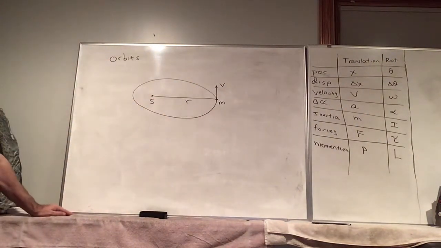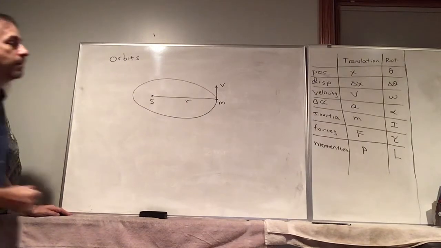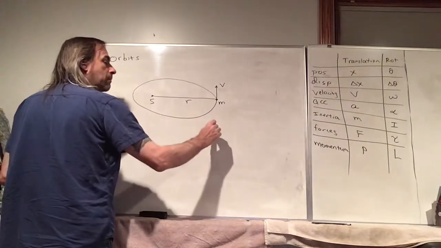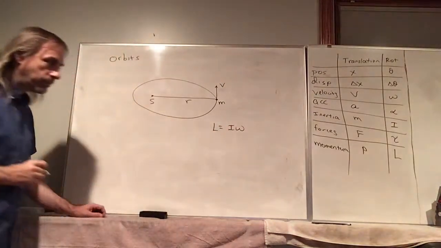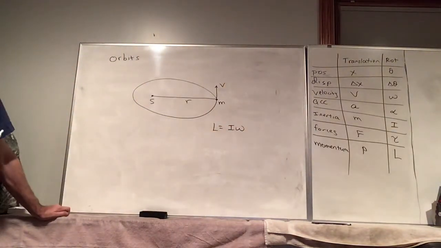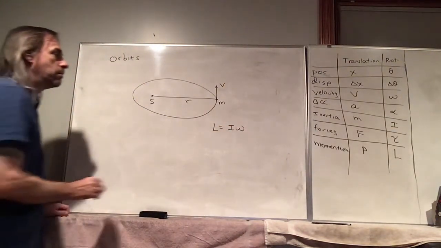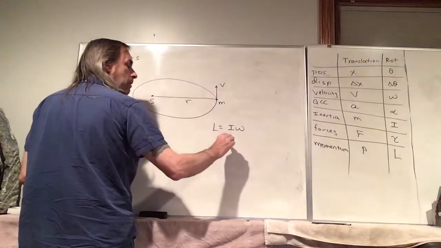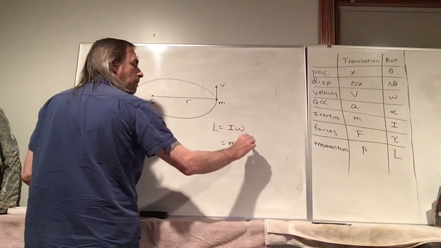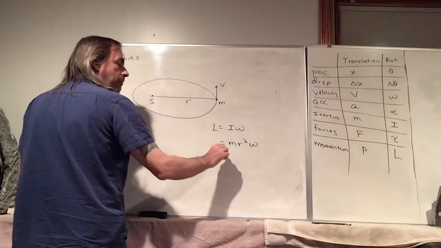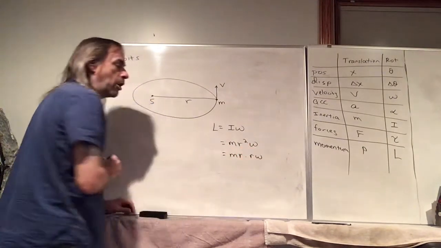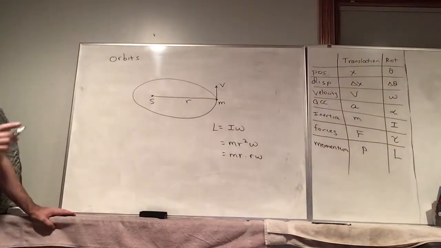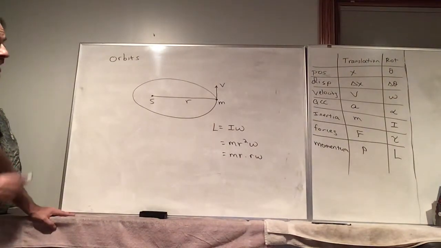So this object has angular momentum equal to I omega. Now remember, I for a point particle is m r squared. And we can write that as m r times r omega, where r omega is just the tangential velocity.